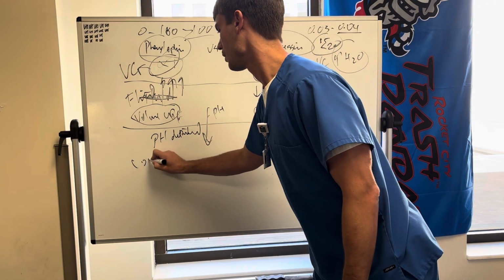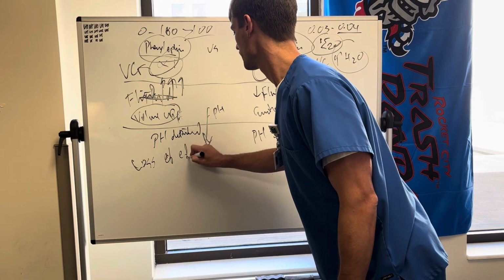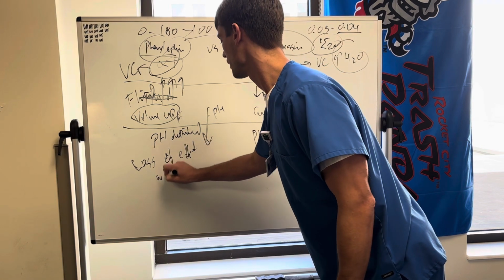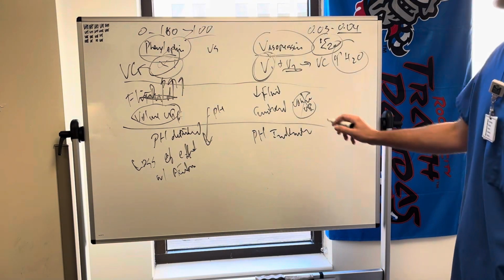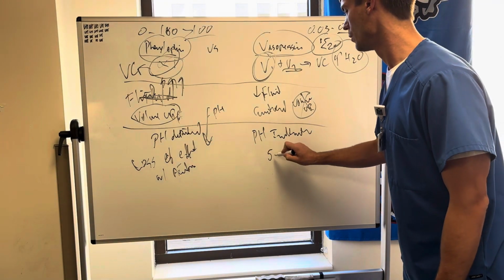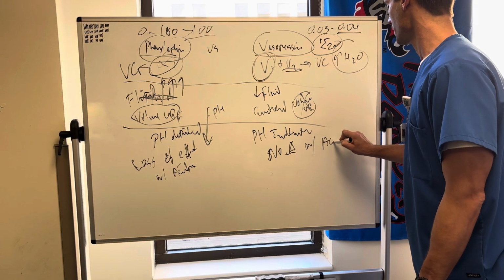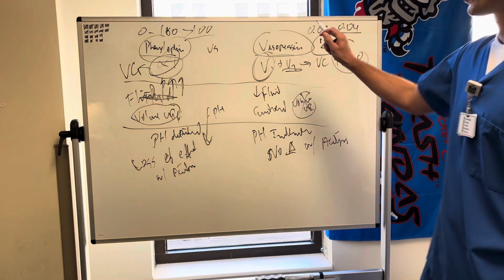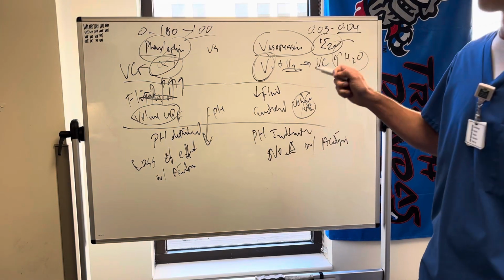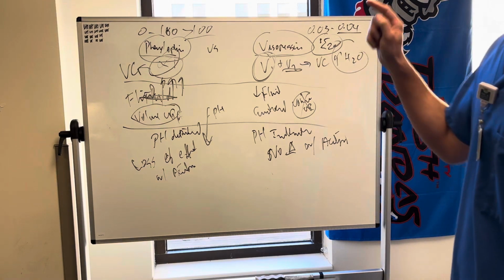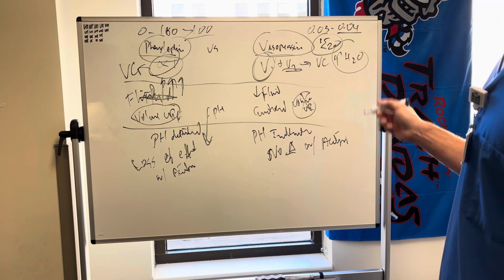So loss of effect with acidosis. While this one stays the same, so no change with acidosis. So again, vasopressin, pH independent. The vasopressor, i.e. vasopressin, will still work as the pH drops. Phenylephrine, as the pH drops, is going to become less effective. Still going to do something, but just less effective.